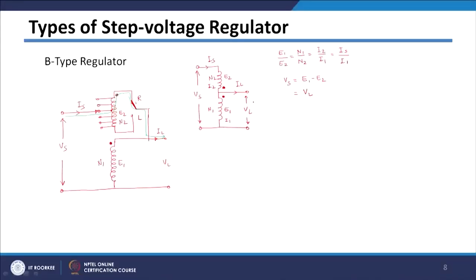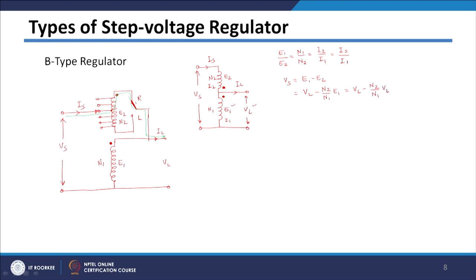Now, your voltage E1 will be equal to VL, because VL and E1 are the same voltage, this voltage and this voltage are the same. So, VL minus, and then your voltage E2 will be N2 by N1 times E1, and E1 and VL are the same.